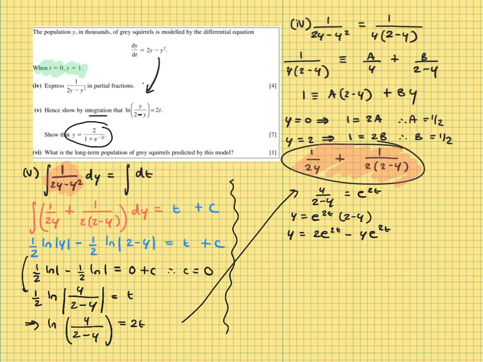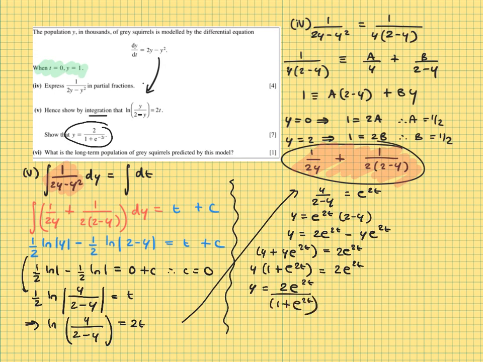Collect the y terms on the left-hand side. y plus ye to the 2t equals 2e to the 2t. Factorise: y bracket 1 plus e to the 2t equals 2e to the 2t. And then divide by the bracket, so y equals 2e to the 2t over 1 plus e to the 2t.